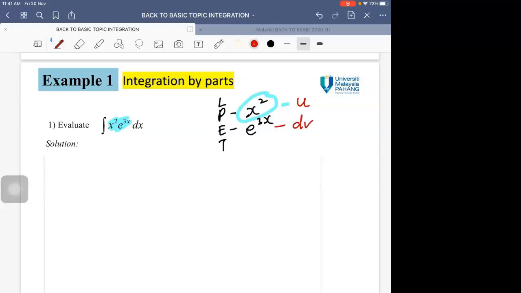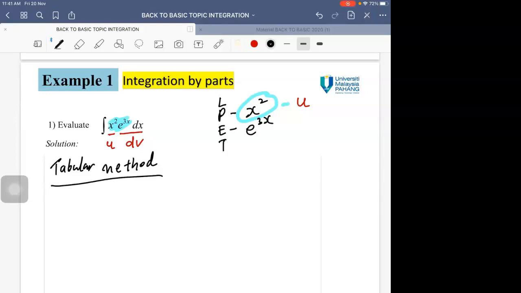So exponent 3x is the dv. I only write u here because LPET decides your u. So this is your u, and this is your dv. So we use the idea of the tabular method.